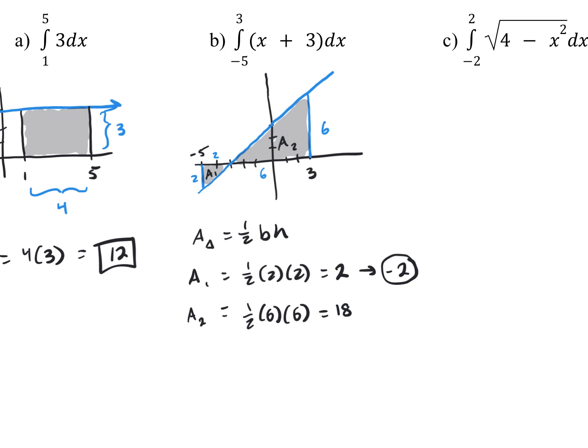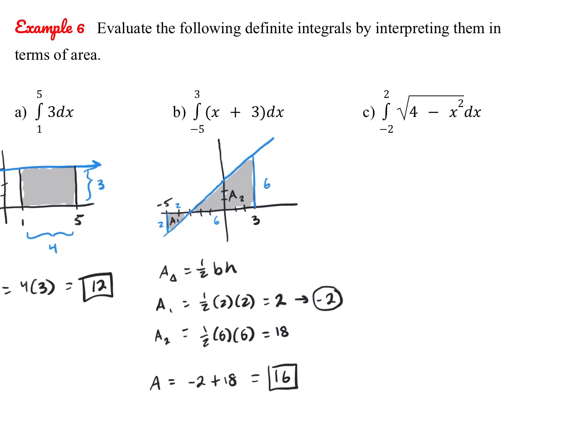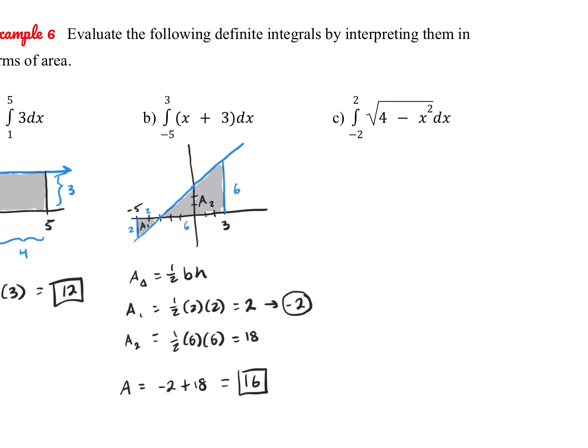And it is positive because it is above the x-axis. So our total area is just going to be -2 plus 18, which is 16. So again, we're just using basic area, using shapes that we know to find the definite integrals.